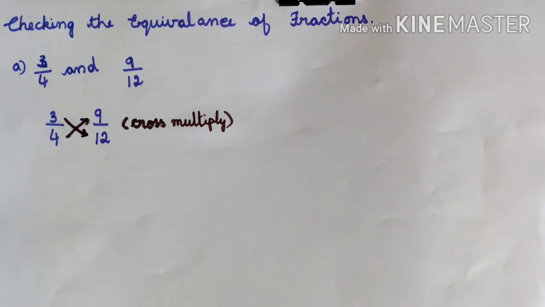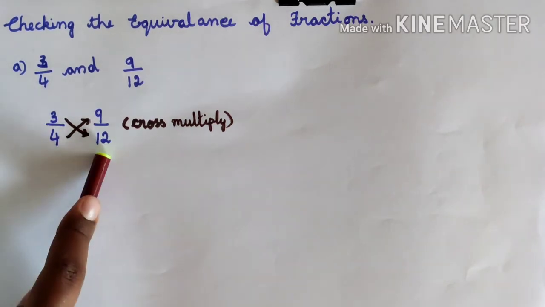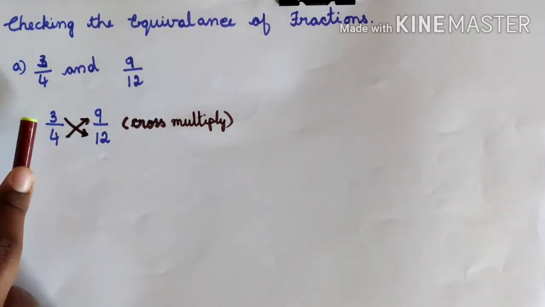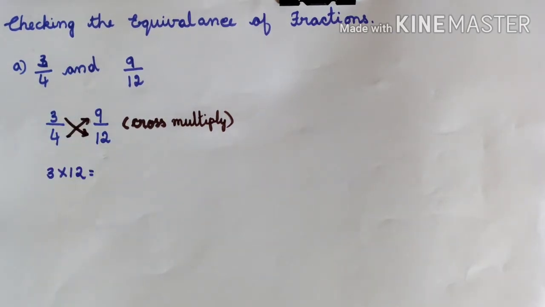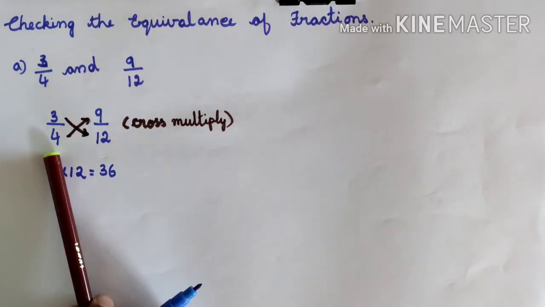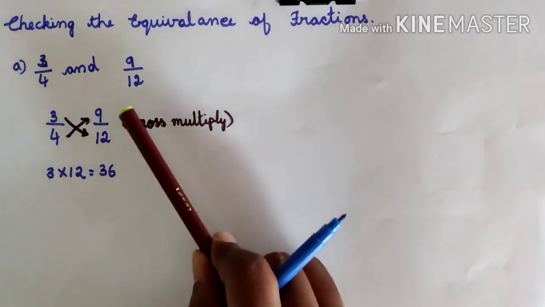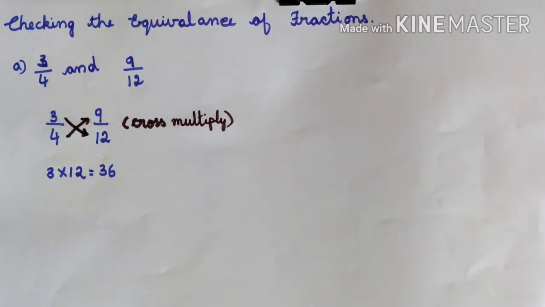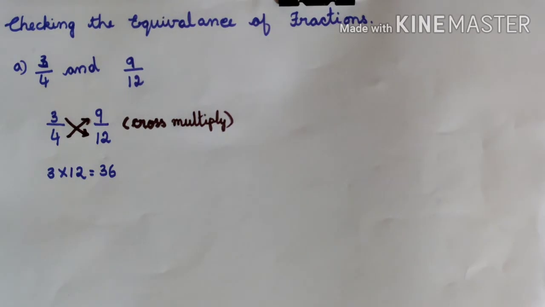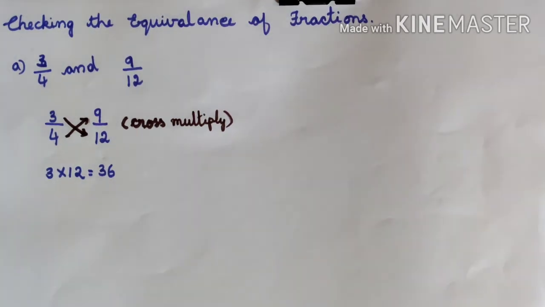Now let us write accordingly. First one is the numerator of the first fraction and the denominator of the second fraction, that is 3 into 12, which gives 36. Now multiply the second one, that is the denominator of the first fraction and the numerator of the second fraction, that is 4 times 9, or 4 9s are 36.